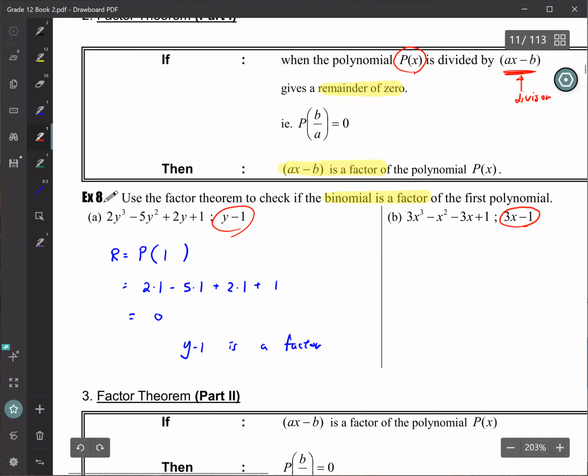Okay, so please raise your hand if you have the conclusion. So for this one, you might need your calculator, right?